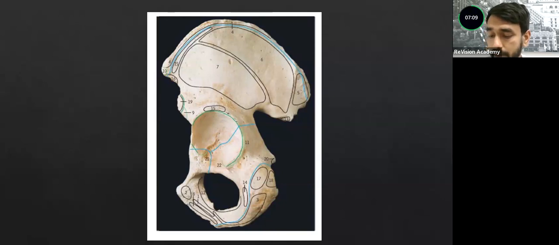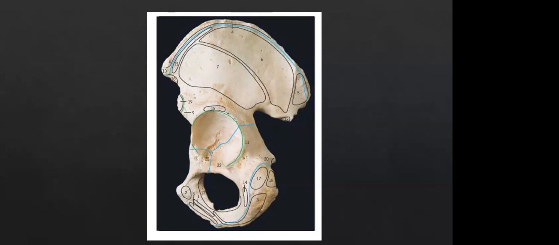Can you tell me where the gluteus medius muscle inserts? It inserts on the greater trochanter of the femur. Action of gluteus medius: it helps in abduction of the hip.